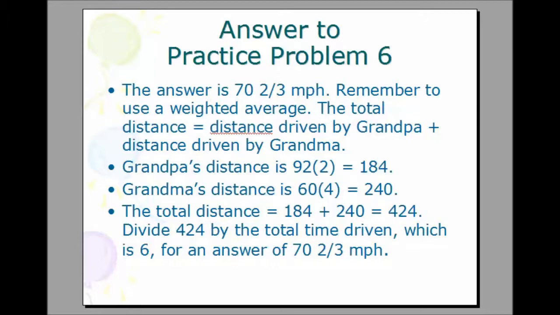Grandma's distance is her average miles per hour, which is 60, times the number of hours she drove, which is 4, that's 240. The total distance, therefore, is 184 plus 240, which is 424. We divide 424 by the total time driven, which is 6, for an answer of 70 2/3 miles per hour.